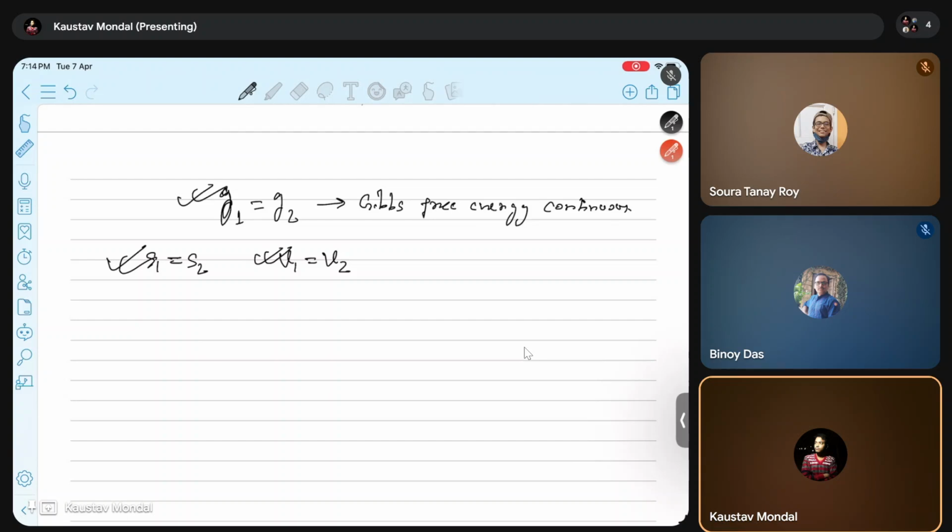Let's start from this one. S1, the entropy, is a function of temperature and pressure.